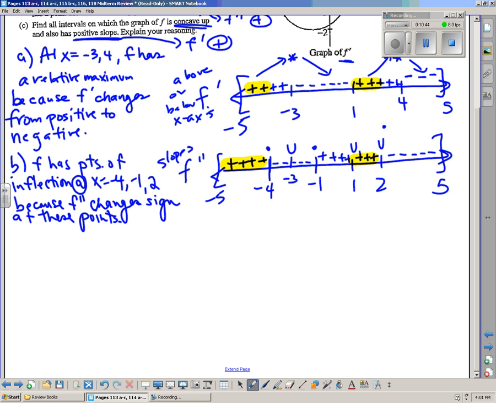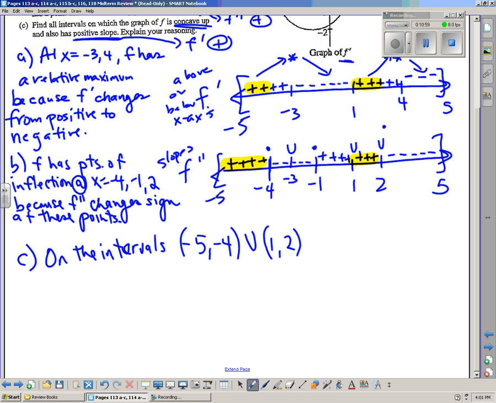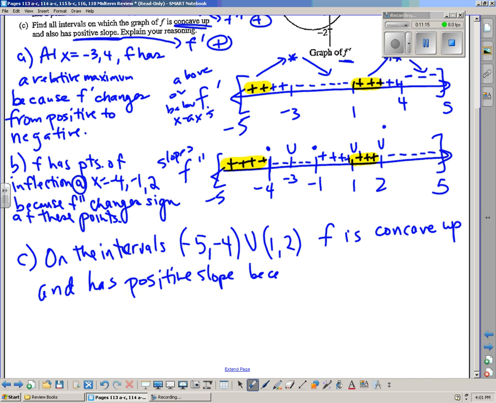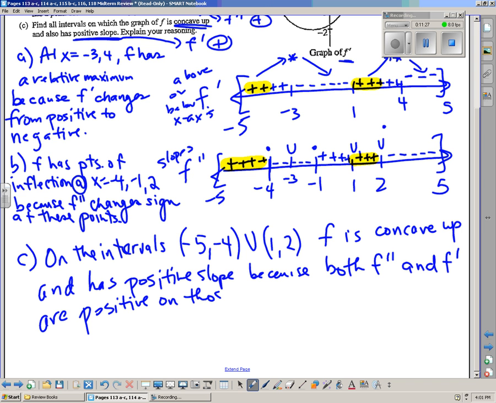So part C, I would say, on the intervals -5 to -4, you could say union 1 to 2, f is concave up and has positive slope because both f double prime and f prime are positive on those intervals.